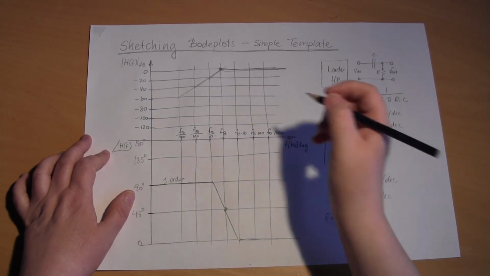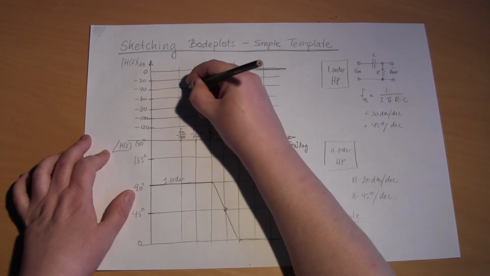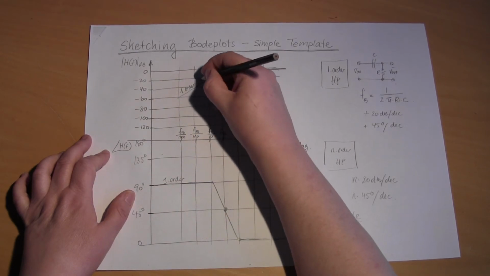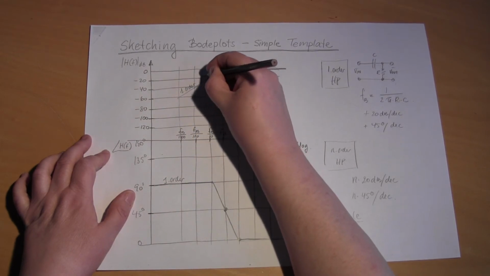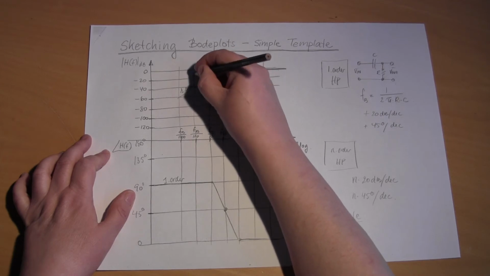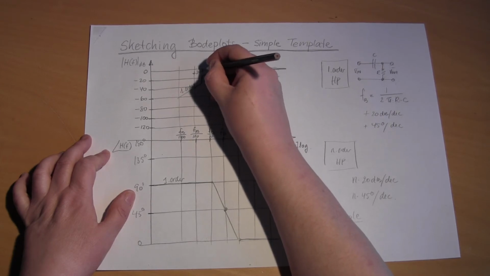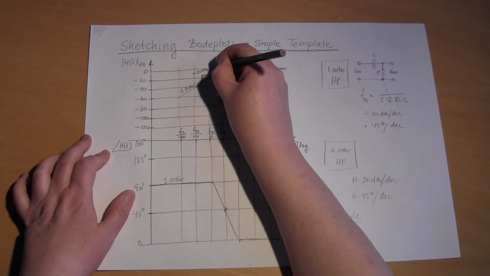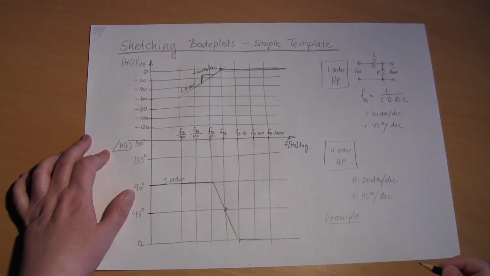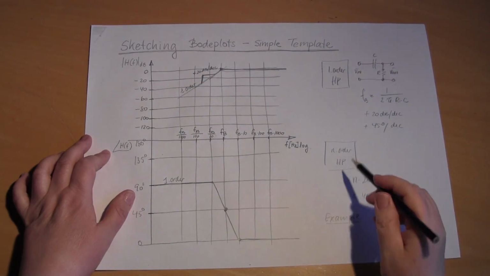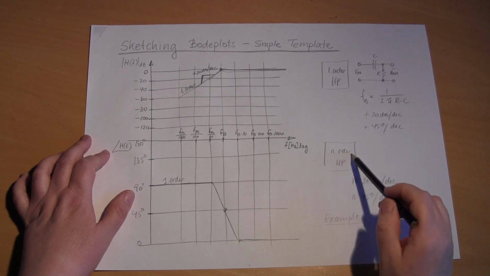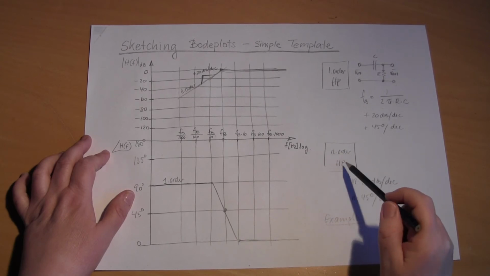high pass filter, and also here first order with a sloping here of plus 20 dB per decade. Now I have indicated here, what about an nth order high pass filter?